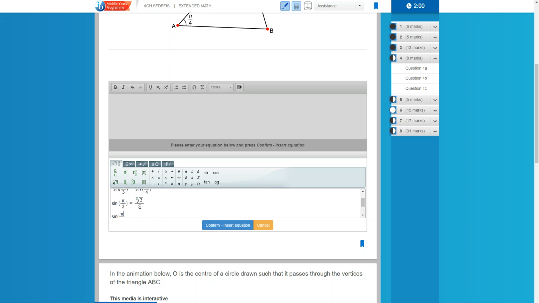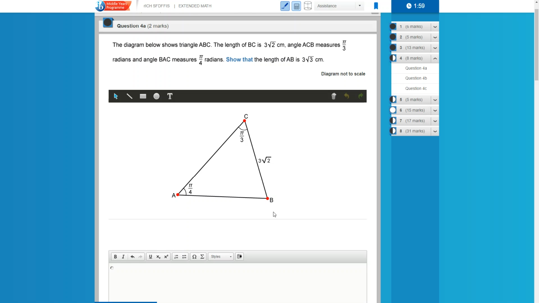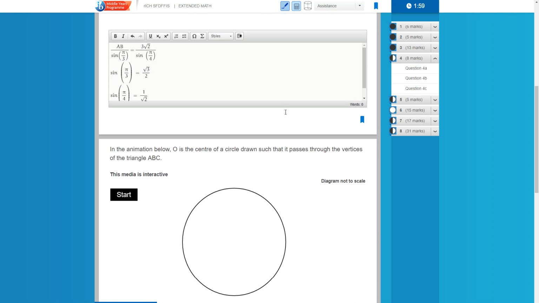Pi over 4 is how many degrees? 45. What's sine of 45 degrees? 1 over square root 2 or 2 square root? Which is it, Samara? Square root 2, yeah. Okay. I'm just going to put all this in now and then finish it off.